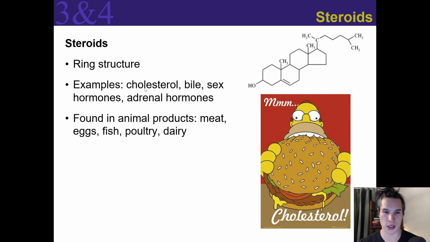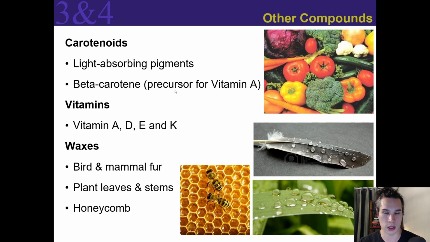So they're synthesized from cholesterol. Same with adrenal hormones. And so typically our steroid hormones or steroids are going to be found in animal products like meat, eggs, fish, poultry, and dairy. So your steroid hormones are types of lipids in a sense.